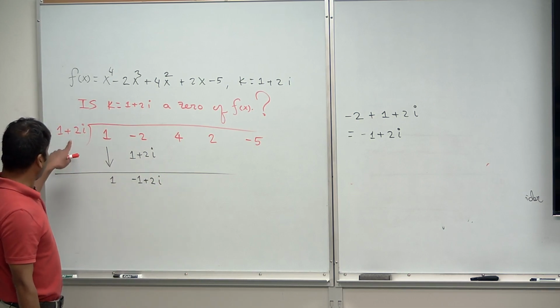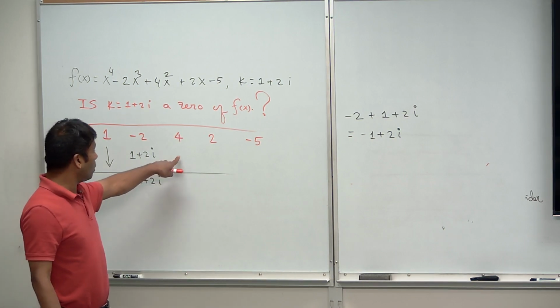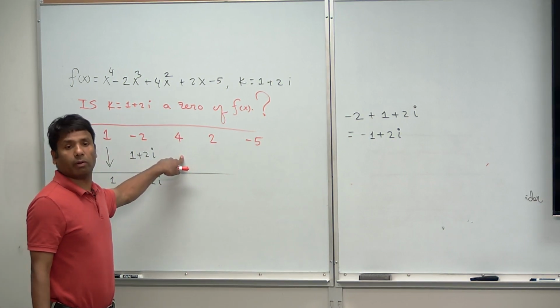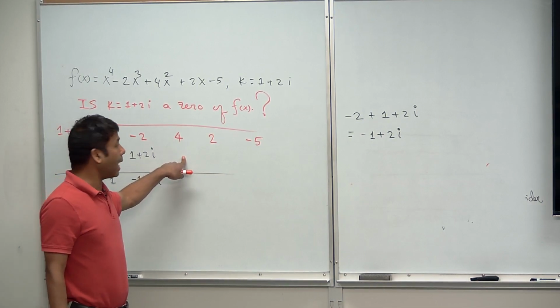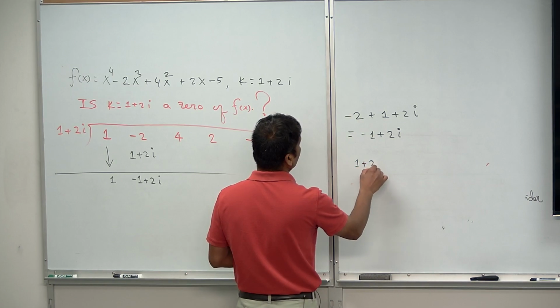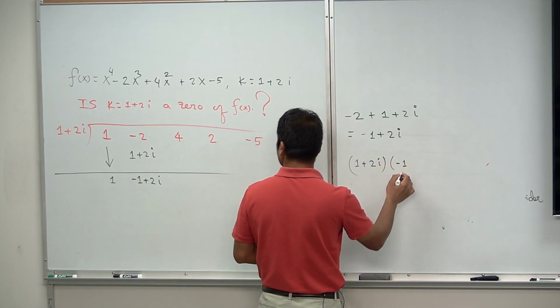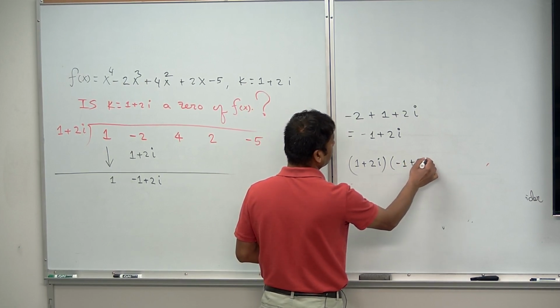And then you multiply 1 plus 2i and -1 plus 2i, and you put the result right below 4. So now you need to multiply 1 plus 2i with -1 plus 2i.